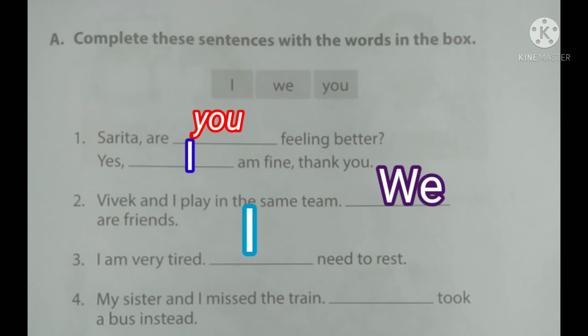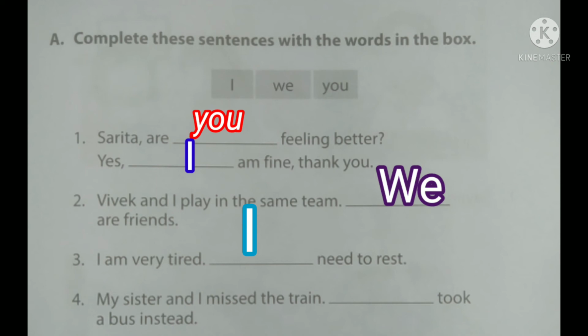Fourth one. My sister and I missed the train. Dash took a bus instead. What's the answer? My sister and I, along with my sister.